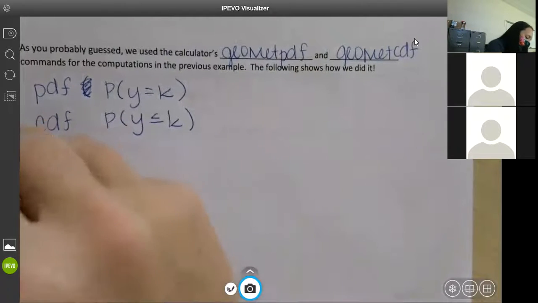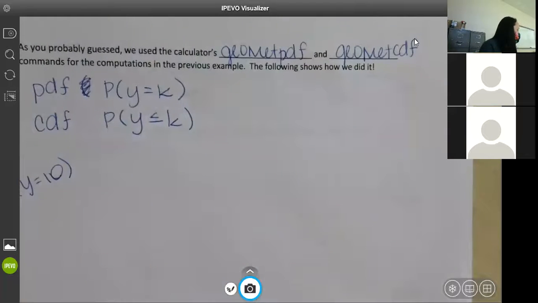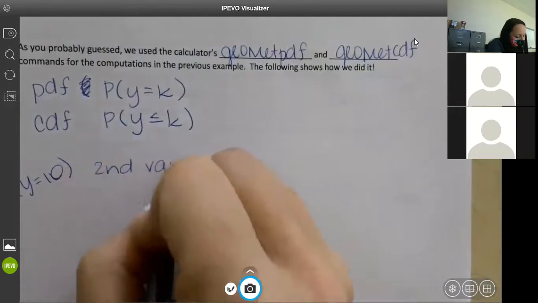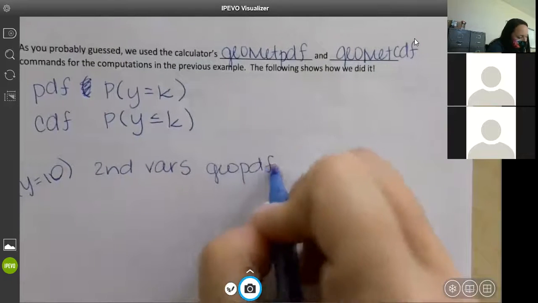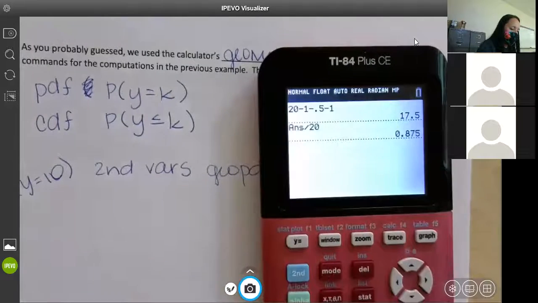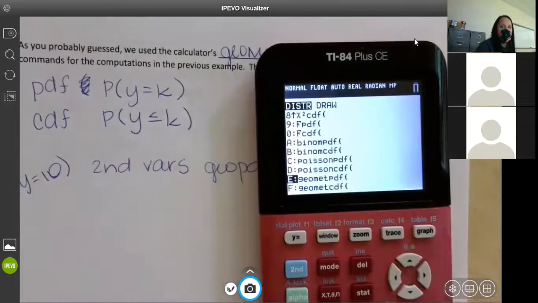All right, so we're gonna do it. What is the probability that Y is equal to 10? We're gonna do second vars, Geo PDF.